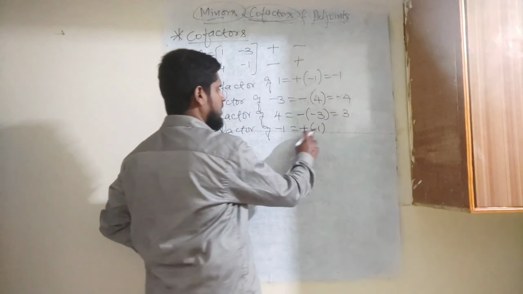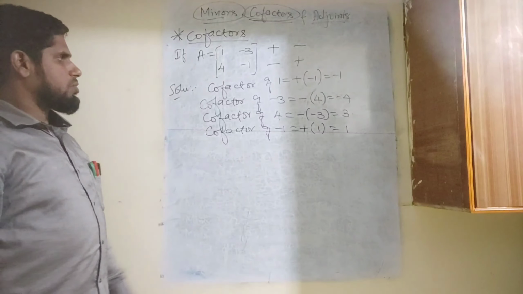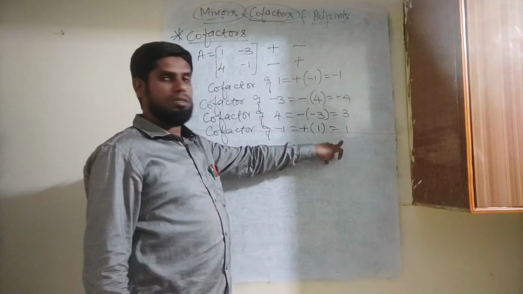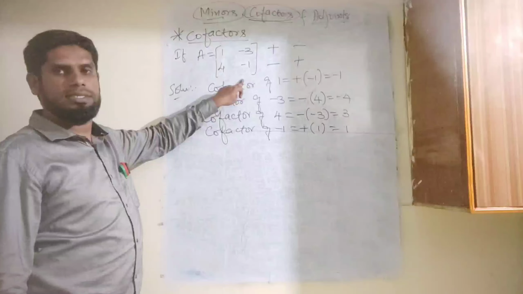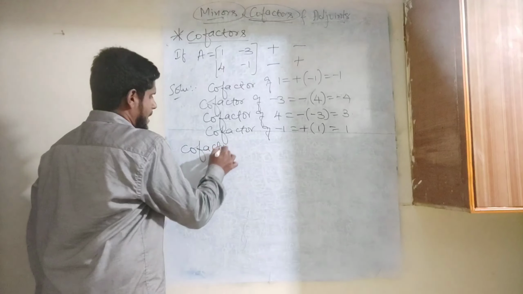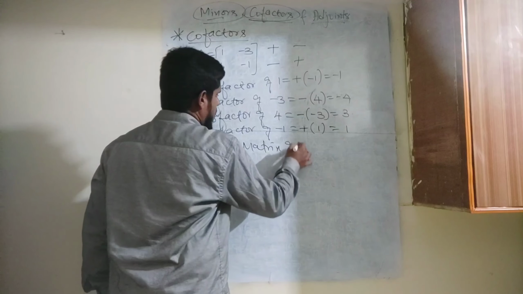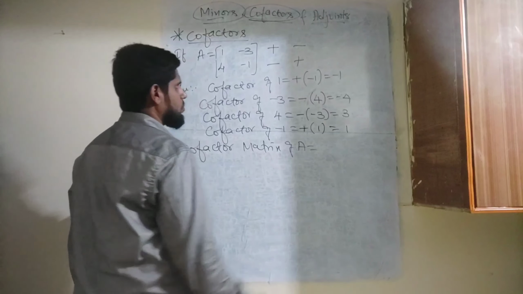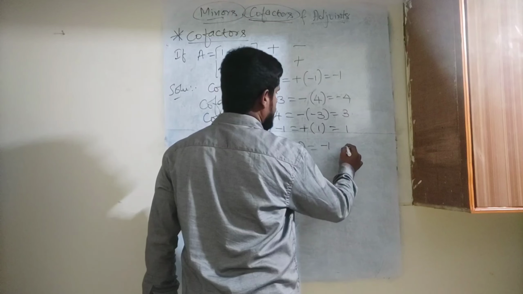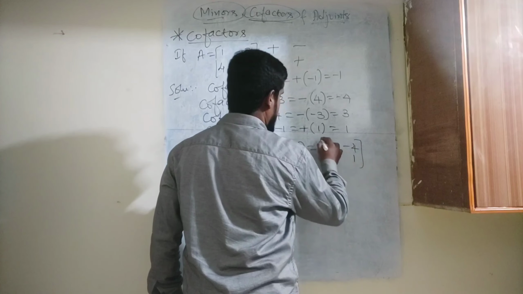So finally the cofactor will be +1. So these are the cofactors of the given 4 elements. So the cofactor matrix of A is equal to -1, -4, 3, 1.